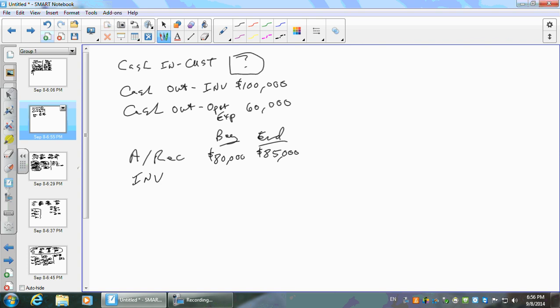Inventory. Beginning 90,000. Ending 88,000. Prepaids. Beginning 12,000.